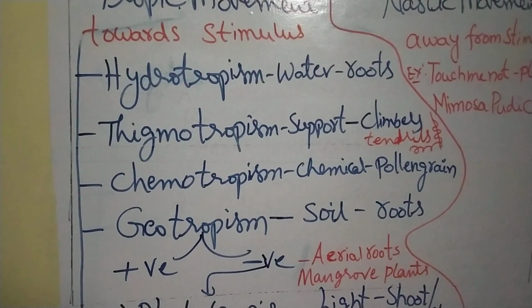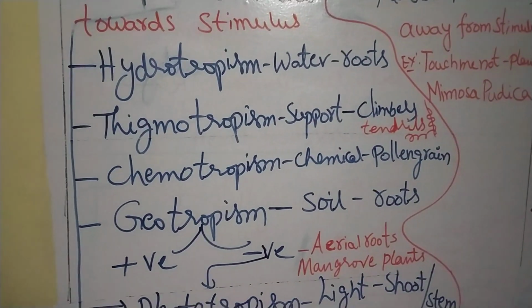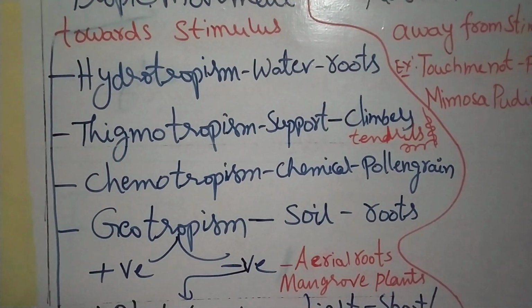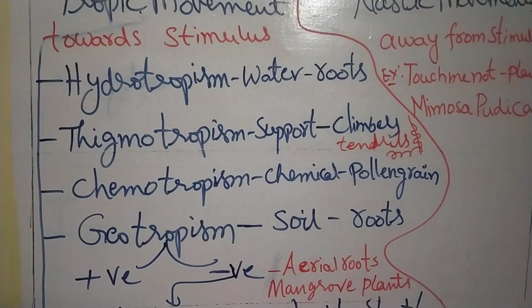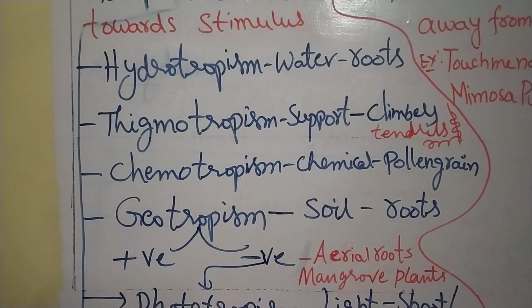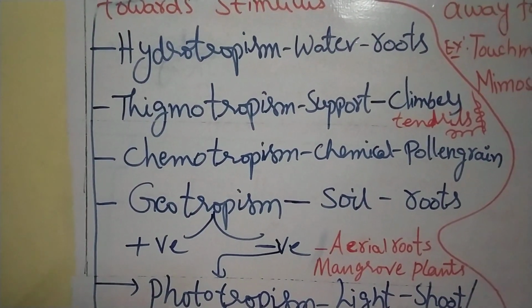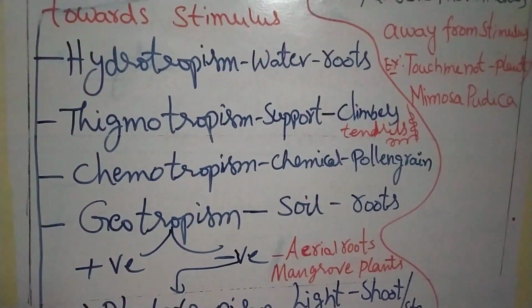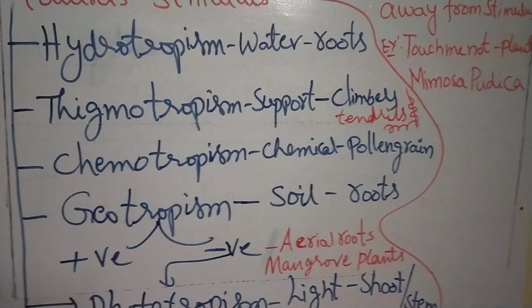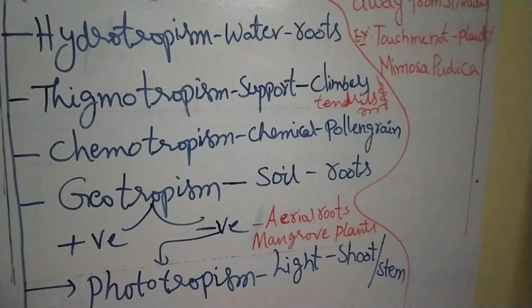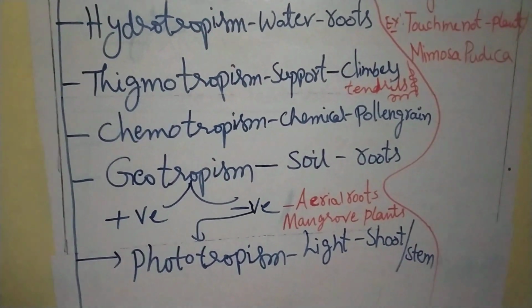Next is geotropism. Geotropism means movement of a part of the plant towards the soil. Which part moves towards the soil, children? The roots. Geotropism is again of two types: positive geotropism and negative geotropism. Always roots move toward the soil, but some roots move away from the soil. Which roots, children? Tell me an example. You already learned it in the second chapter.